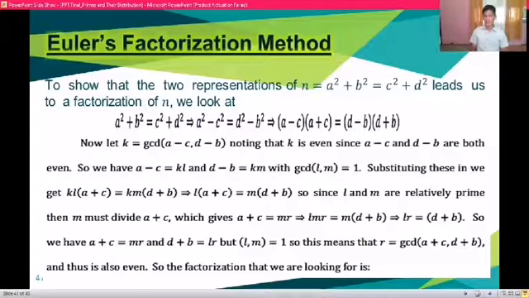So this means that R is equal to the GCD of A plus C and D plus B. Okay? And thus R is also even.